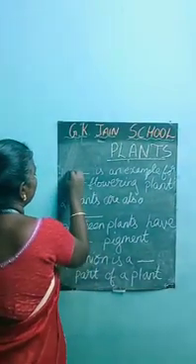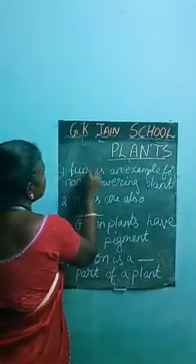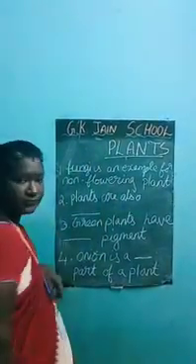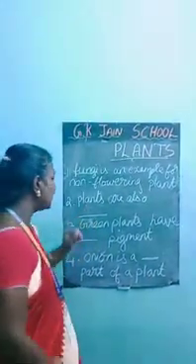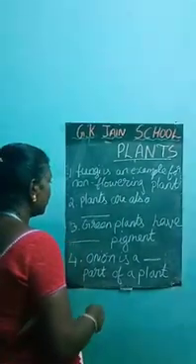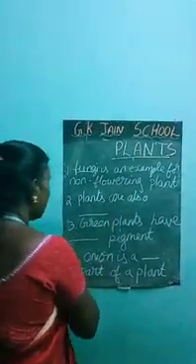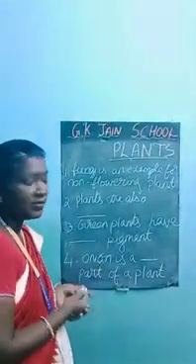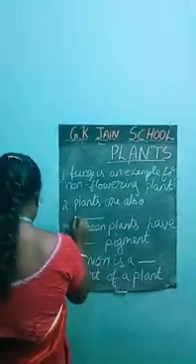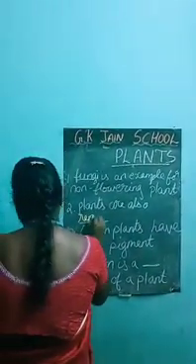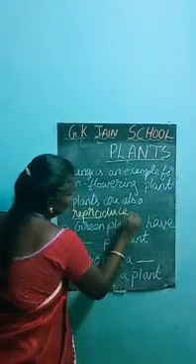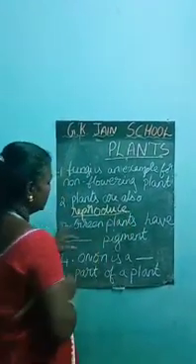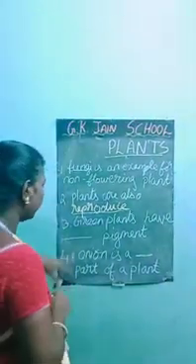The spelling is F-U-N-G-I. Next, the second one: plants are also dash. Yes, reproduce. R-E-P-R-O-D-U-C-E. This is the answer for the second one.